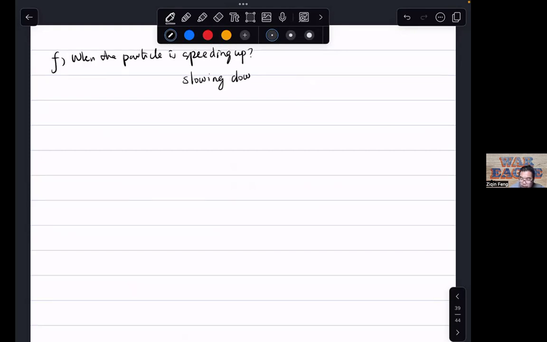We need to make a connection between the formulas of velocity, acceleration, and speeding up and slowing down, right?